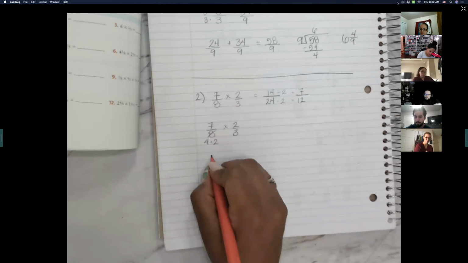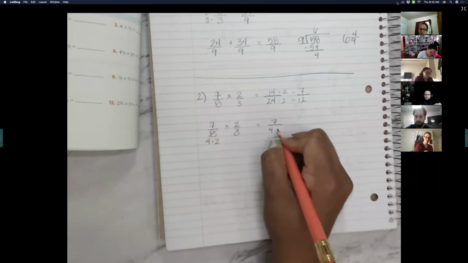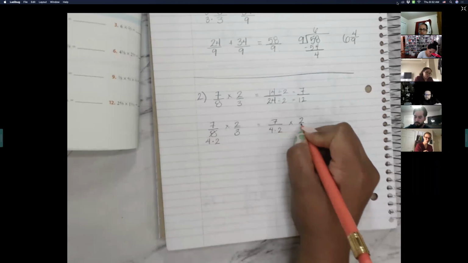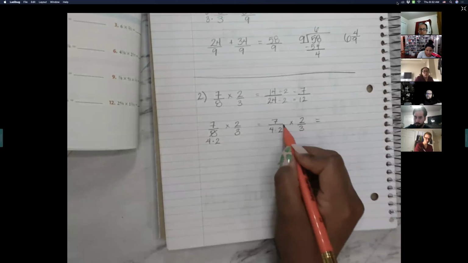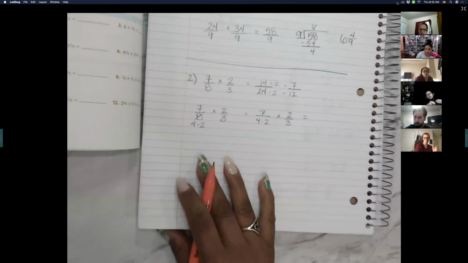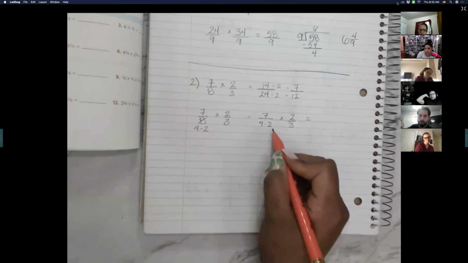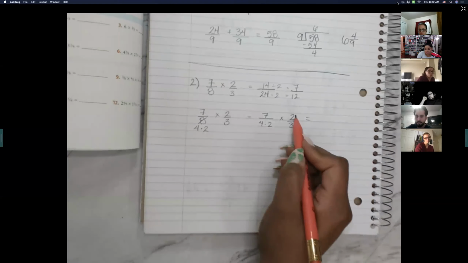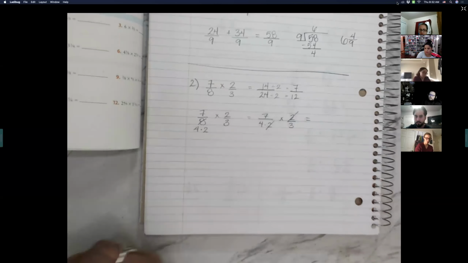So if I rewrite this as 7 over 4 times 2 times 2 over 3, when I'm multiplying and reducing fractions in the same step, if there's a factor in the denominator and the same factor in the numerator, I can just cancel them.